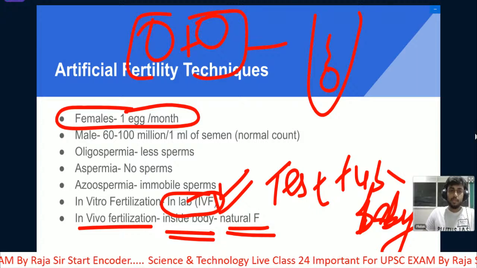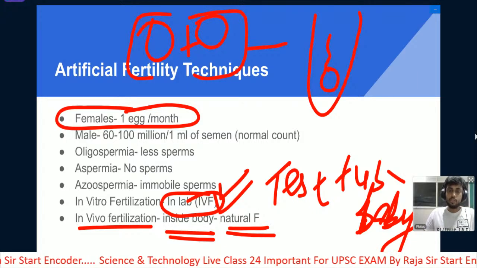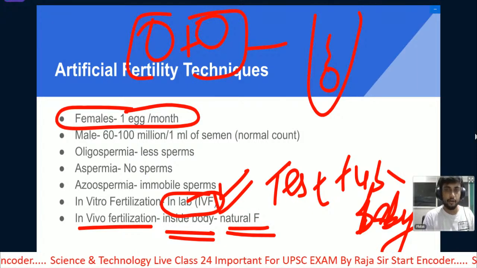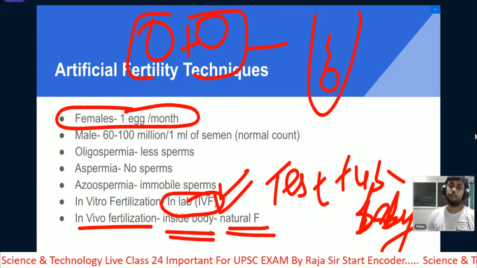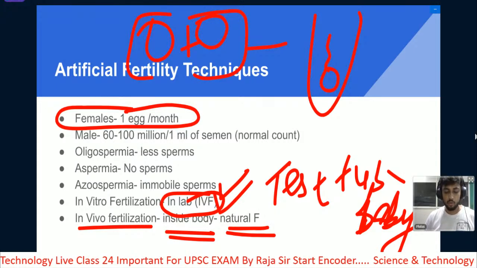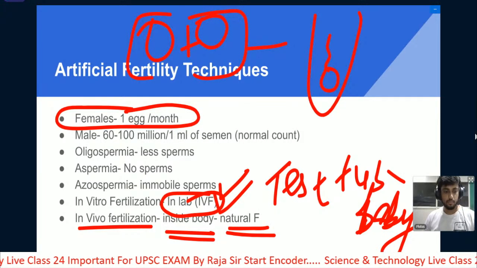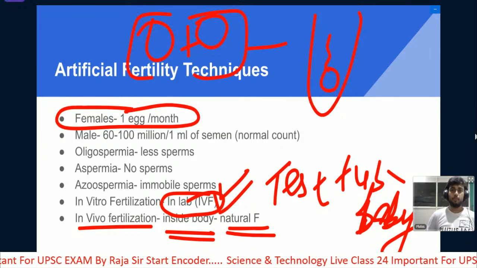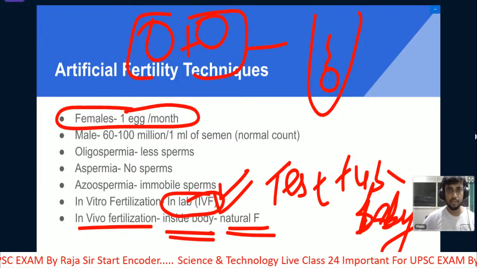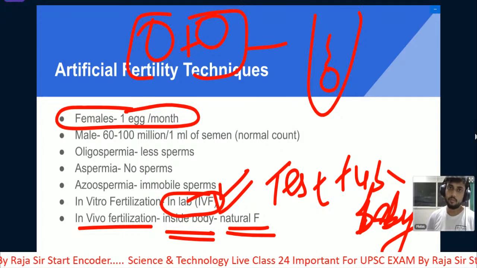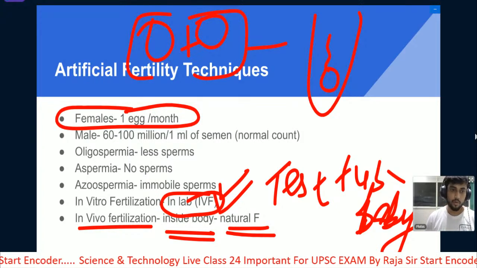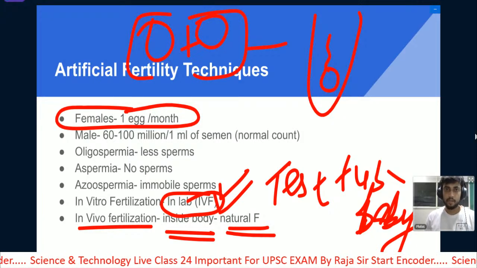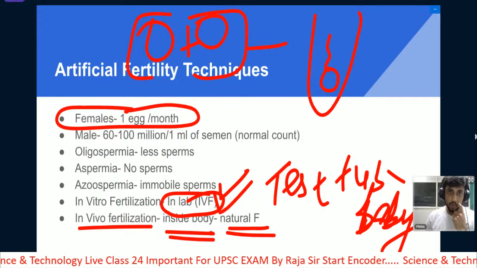They are produced from meiosis, and in meiosis the genetic material reduces to half. Okay, we are left with only 23 chromosomes. So the mechanism of the body is such that only one egg cell is available for fertilization. Okay, what happens to the other egg cells that are being produced, I do not know.